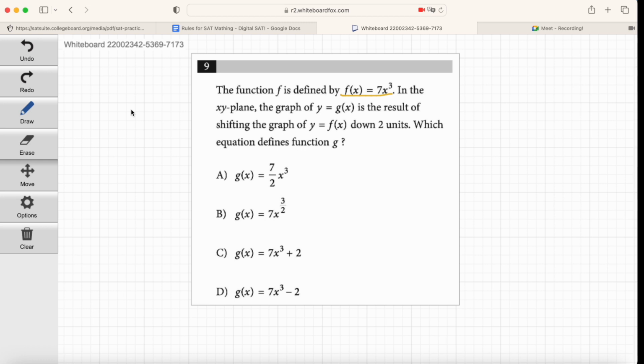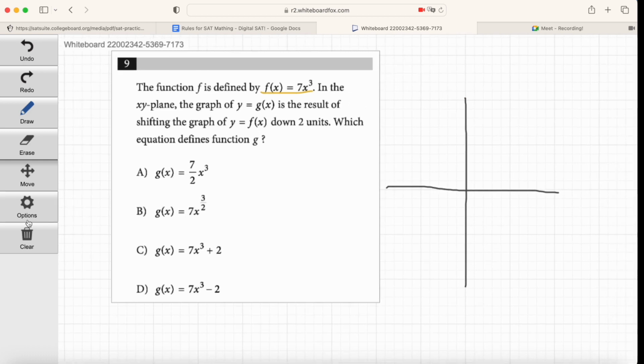Okay. Let's talk about shifting lines on an XY axis and what that looks like. So let's just wrap our heads around this first. I'm going to draw a little XY axis just to the right of the question. Nice wobbly little XY axis there. And then I'm going to draw a line.